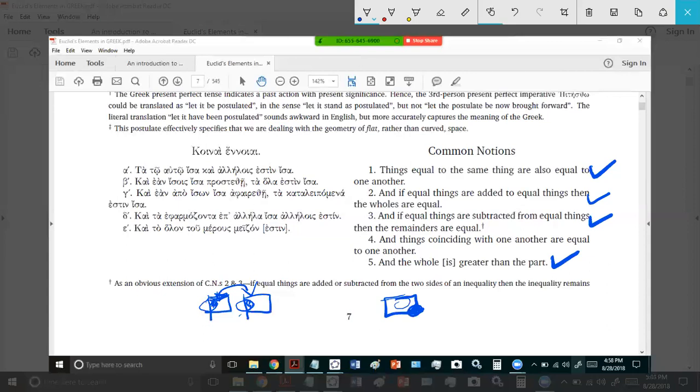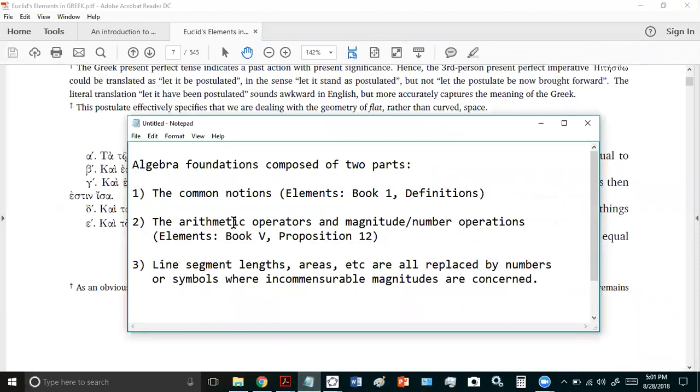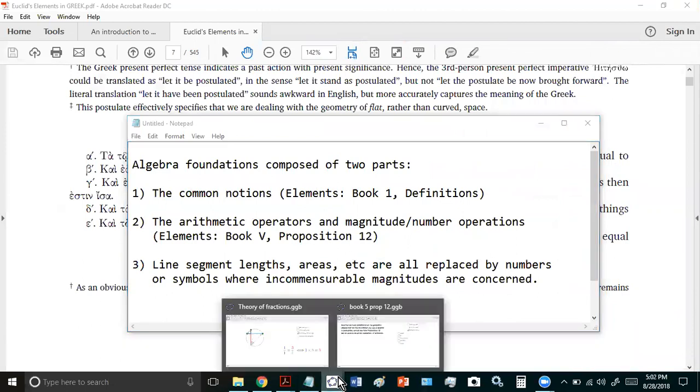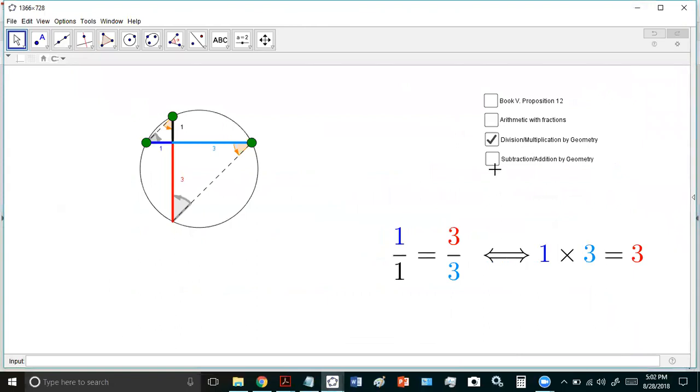Okay, so now, how did this happen to define whatever we see in geometry and in algebra? Well, now if we go back to this page here, to this little guide, we see that the common notions are where everything begins. And then we look at the arithmetic operators, right? And the arithmetic operators are found by studying the properties of geometry.